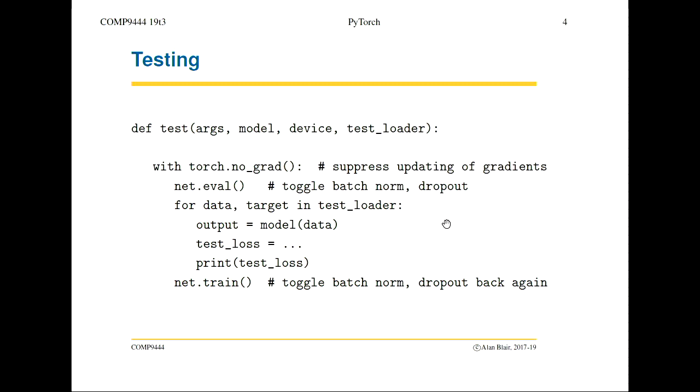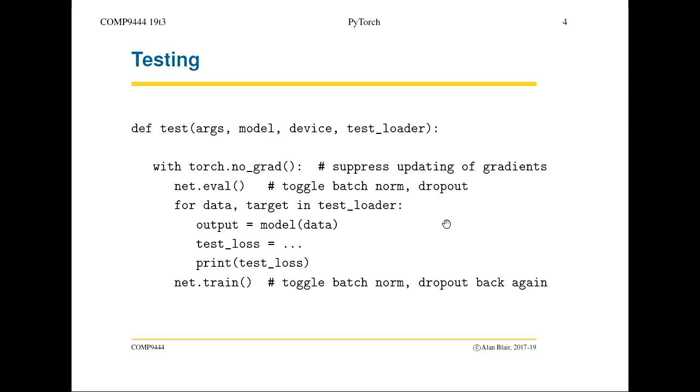So this is what's actually used to toggle between those two modes, where you're actually dropping out the nodes and when you're just having all of them present but multiplied by the factor. And so we can explicitly toggle back and forth. So the no_grad and the train/eval do similar things, but there are situations where we may want to operate them independently, and PyTorch gives us the flexibility to do that.